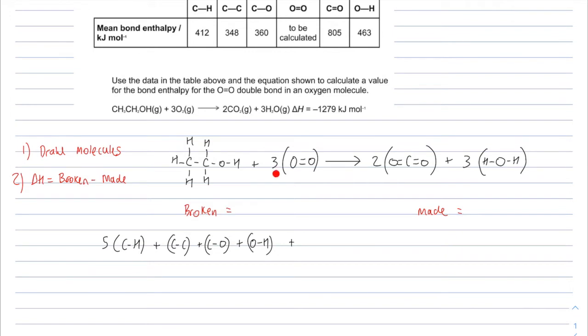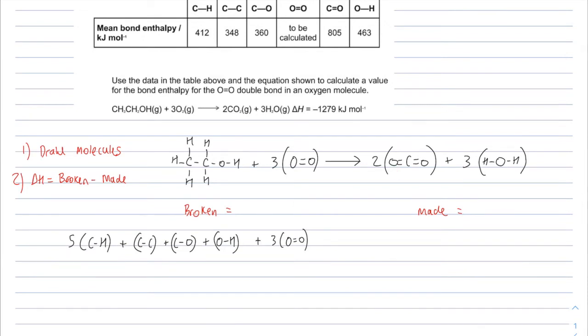And in the oxygen molecules, there are 3 O=O double bonds to be broken. So these are all the bonds which are broken. Now we have to look at the bonds which are made.